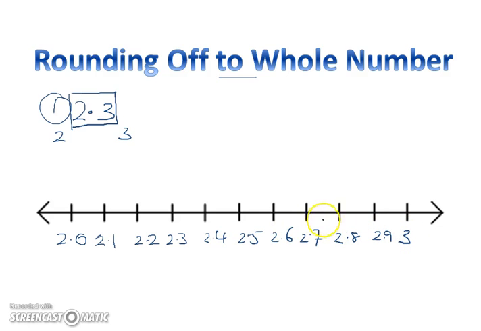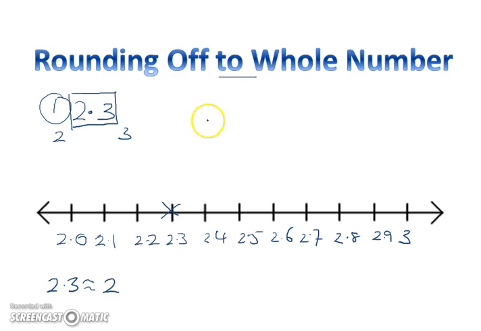So look at 2.3. Very good. It's actually nearer to 2. So in conclusion, 2.3 when rounded off to the nearest whole number is 2.